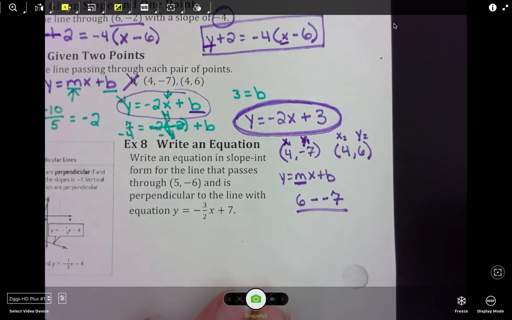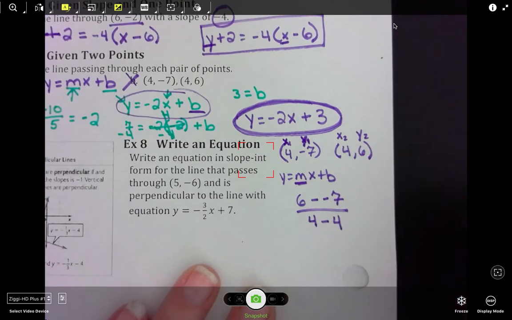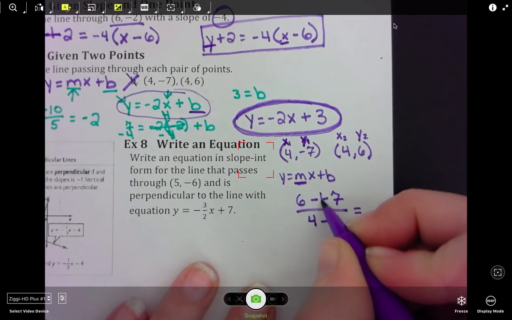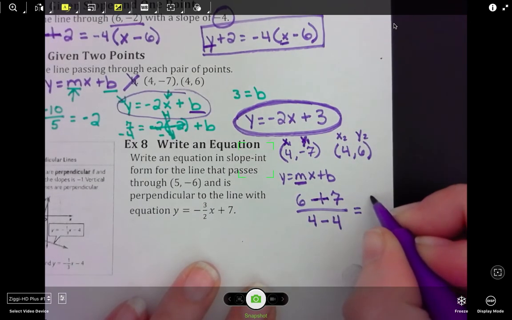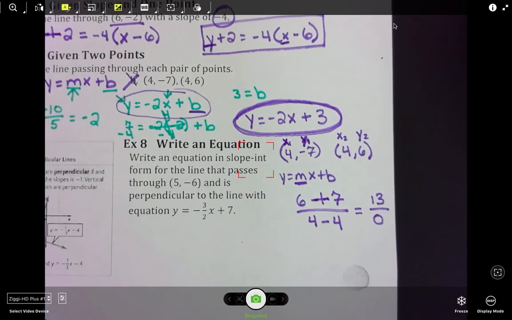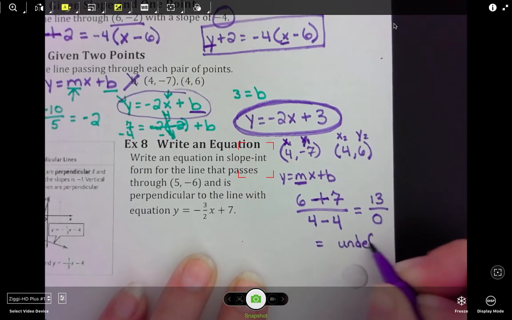Okay, that's y2 minus y1. x2 minus x1 is 4 minus 4. Now 6 minus a negative 7 is like 6 plus 7, or 13, and 4 minus 4 is 0. Okay, when you have 13 over 0, you have something that is undefined.